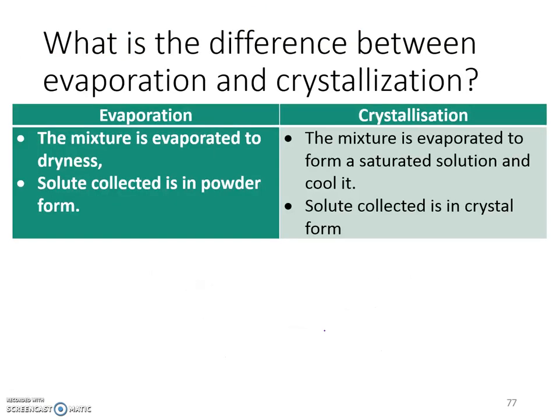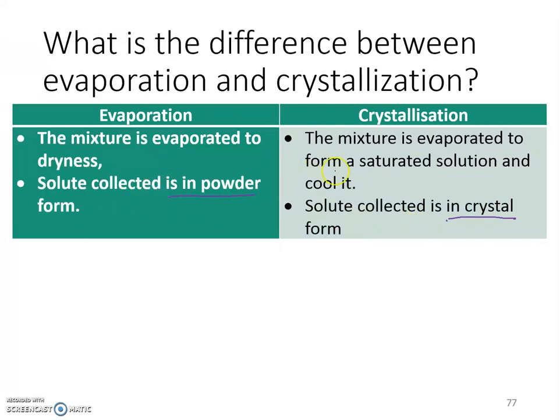Now, since evaporation and crystallization both get you the solid, what's the difference? Firstly, do take this down in your notes as well. With evaporation, you will get the solid in a powder form, but in crystallization, the solute collected is in crystal form, so it contains the water of crystallization.